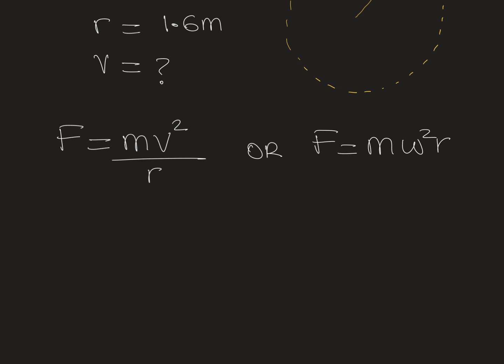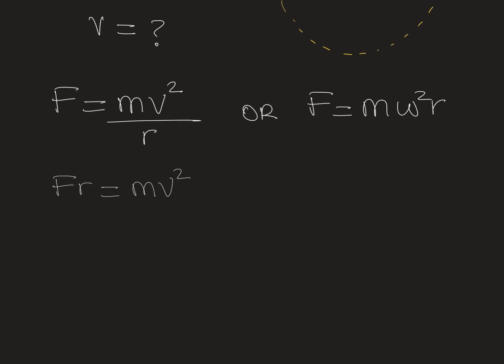So if we have this formula, F is equal to mv squared divided by r, and we cross multiply, we will have Fr is equal to mv squared. To make v the subject of the formula, we divide both sides by m. So the m will cancel out.